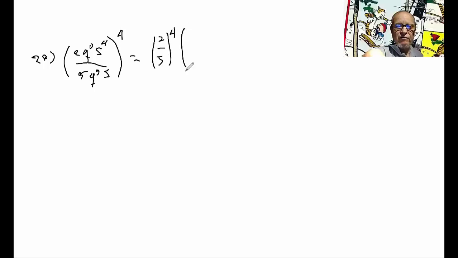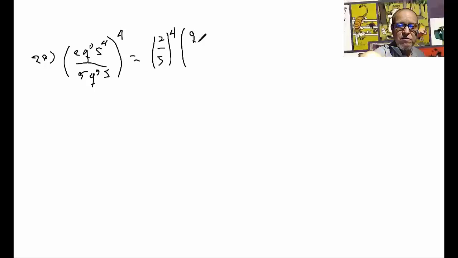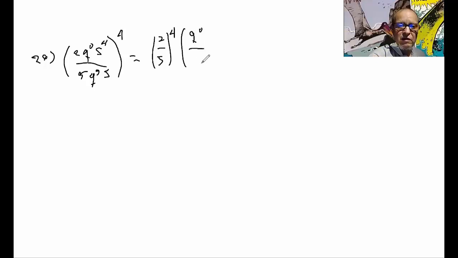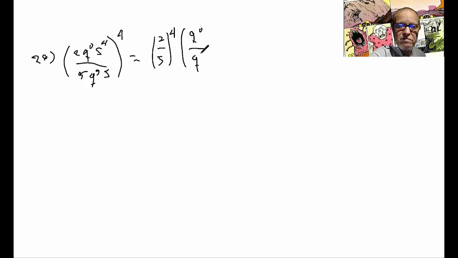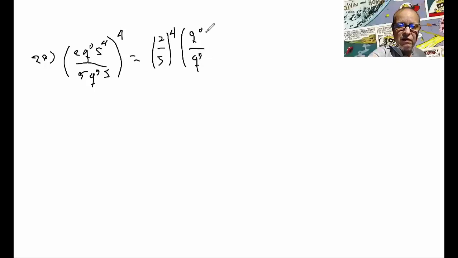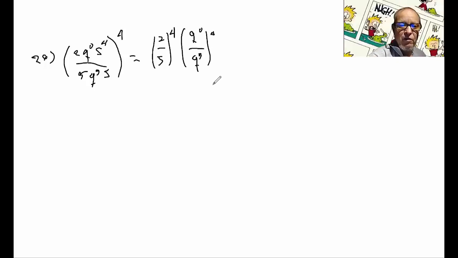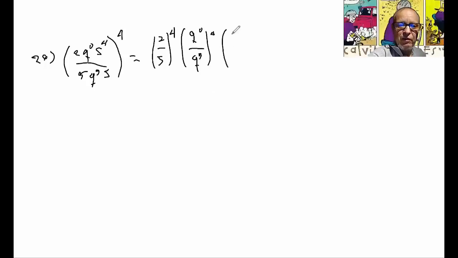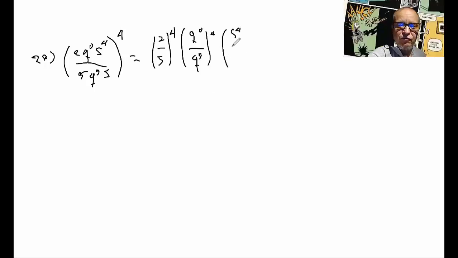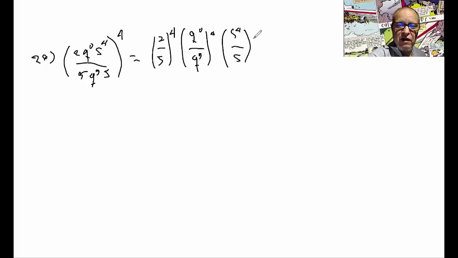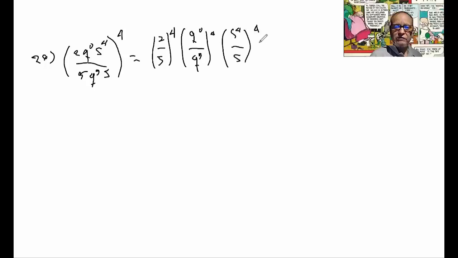And then I have my q to the 0 and my q to the 9th, and I'll put that to the 4th power. And then I'll put my s to the 4th and s, and I'll put that to the 4th power.